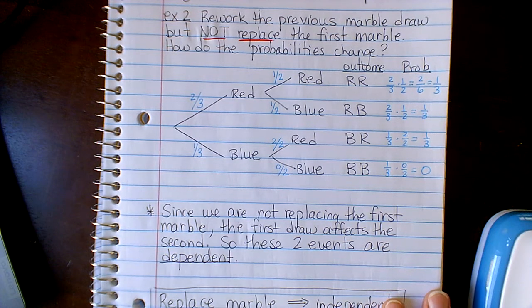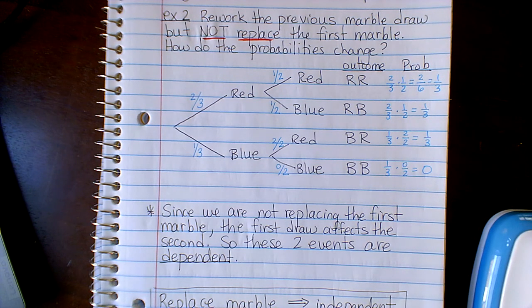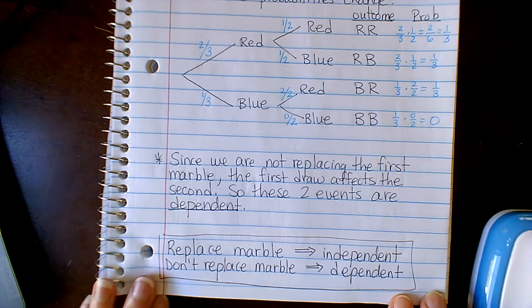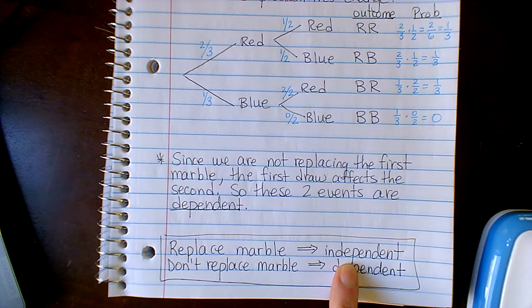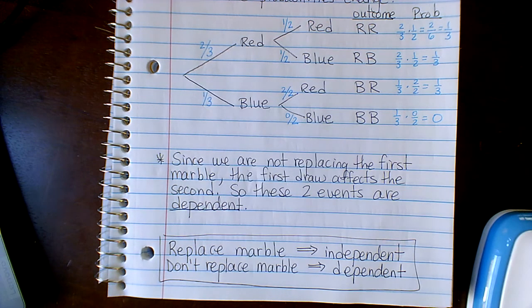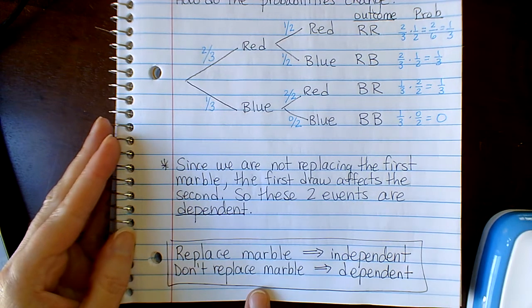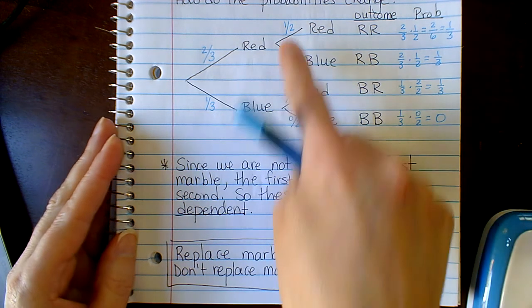Since we're not replacing the first marble, the first draw affects the second. So we say that these 2 events are dependent events. If you replace the marble, these are independent events. Whatever you pick for the first one has no bearing on the second one. If you don't replace the first marble, now we've got a dependent event.